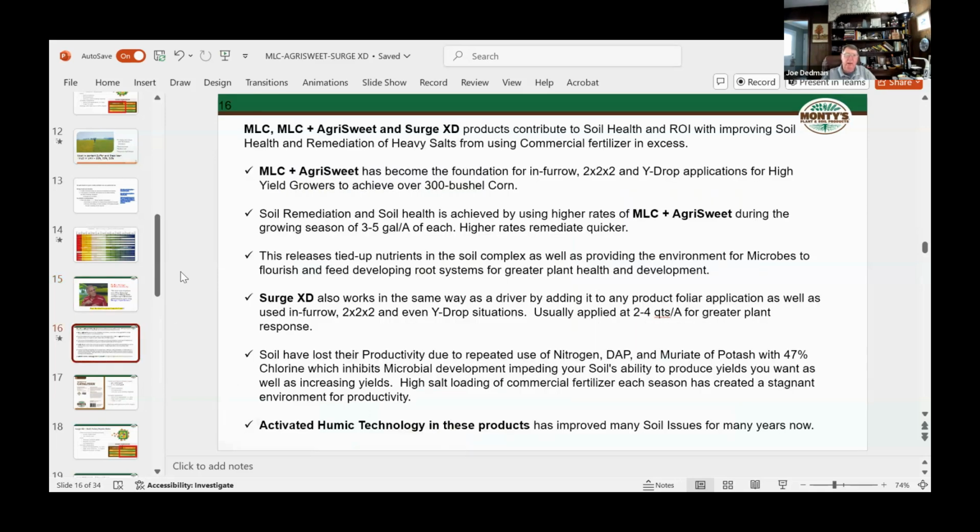So when we look at it, we say MLC and Agrisweet and Surge contribute to soil health and ROI. So we know that the farmers we've been working with across the country who are striving for higher yields and had not been able to get there until recently, when we began working with them and introducing them to humic acids, as well as our humic acid, the liquid carbon, and the use of Agrisweet together, has helped remediate those soils and increase their biology.